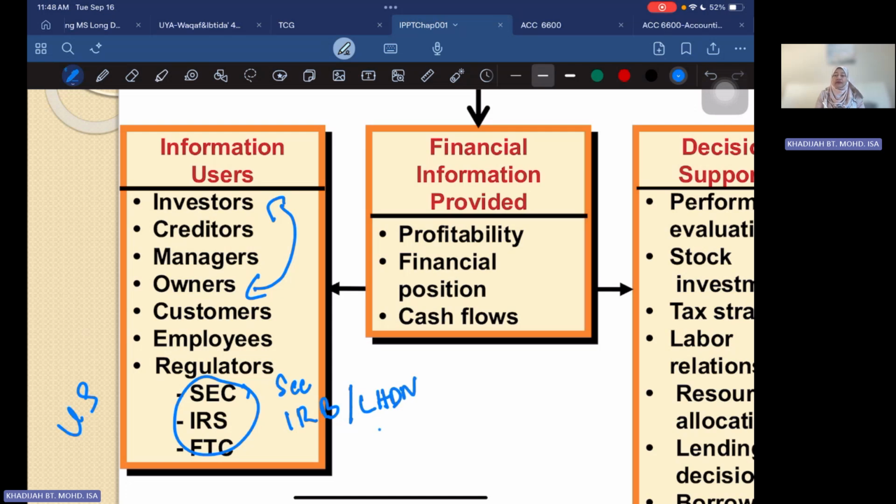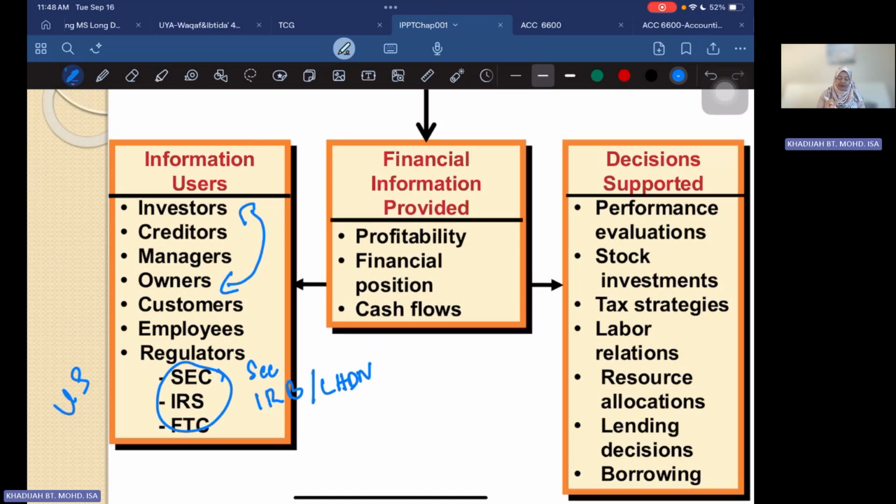It's a Malay word, Lembaga Hasil Dalam Negeri, or Inland Revenue Board in Malaysia. FTC, I'm not sure what FTC is. But in Malaysia, the regulators, for example, we have the Securities Commission, SC, that regulates those companies listed on the main or second board. We also have the Malaysian Institute of Accountants. These are the regulators as well.